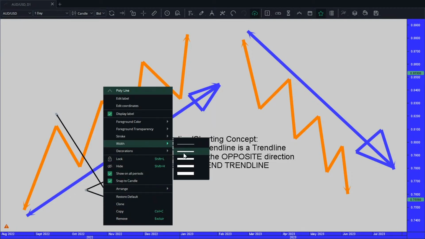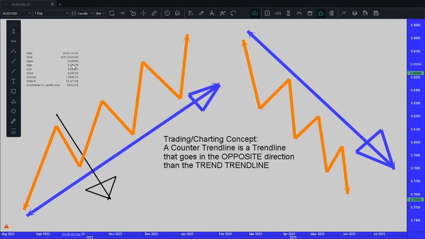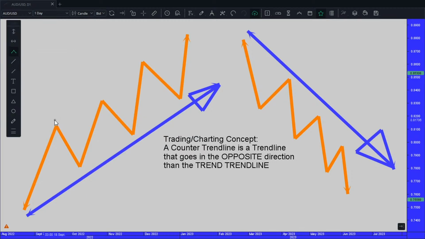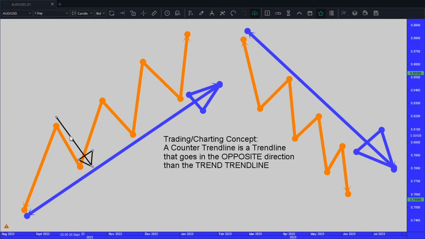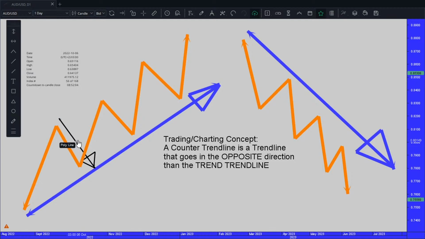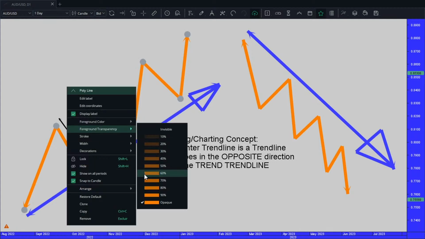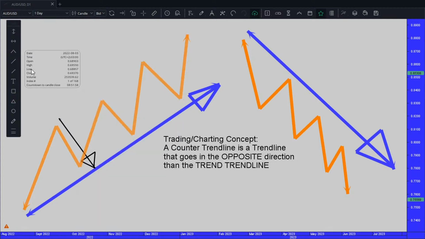Down, exactly. Something like this. Can we see it? Transparency, maybe 70. There you go.